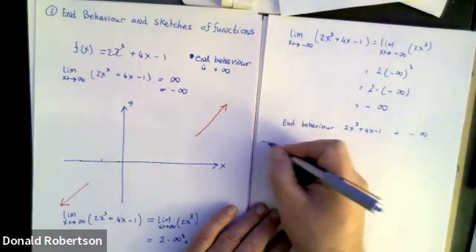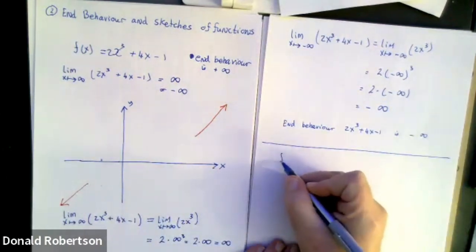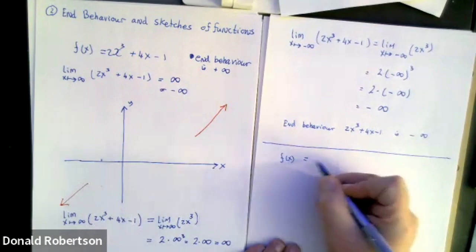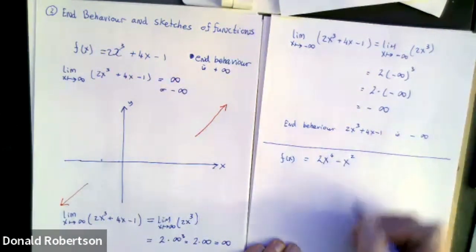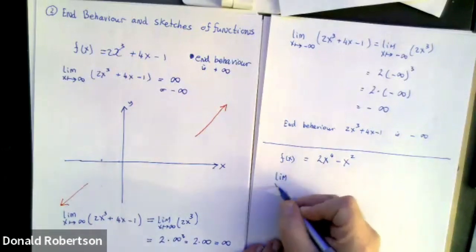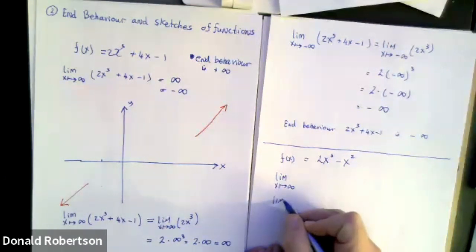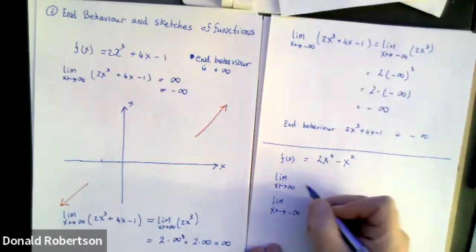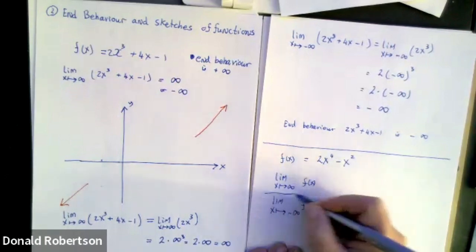So let's just do some more practice at calculating end behavior. So suppose I have a function 2x to the 4, take away x squared, and I want to know its end behavior. And I want to know both end behaviors. And let's just call this f of x. That way I don't need to write this down.